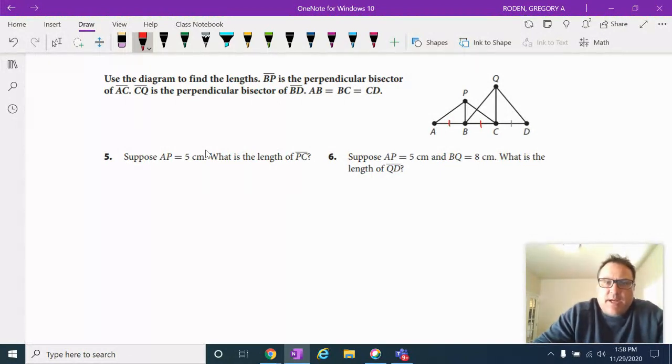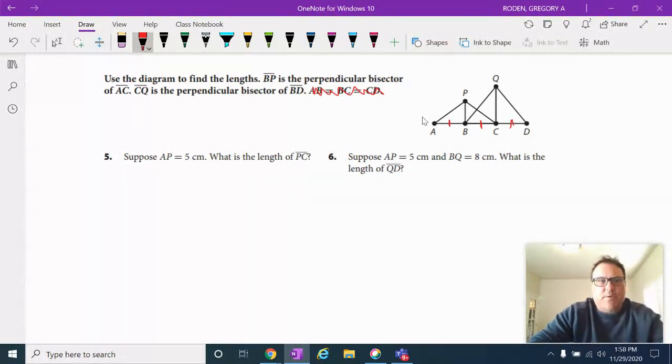And then we know that QC is a perpendicular bisector of BD. In my opinion, the book should not have said this. You should have known this by the transitive property. So if this is congruent to this and this is congruent to this, they're all basically congruent to each other.